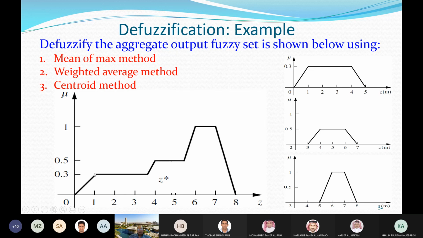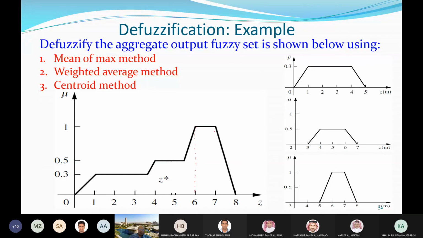So this is the collective output, and you want to apply the defuzzification method of mean of maximum. What is the output? What is the Z of the mean of the maximum? What do you think? Nasser Hakami, do you have a question, Nasser? Okay.